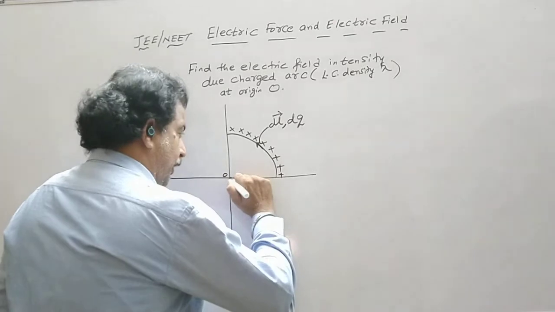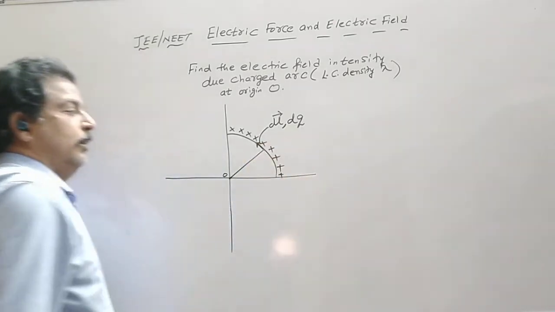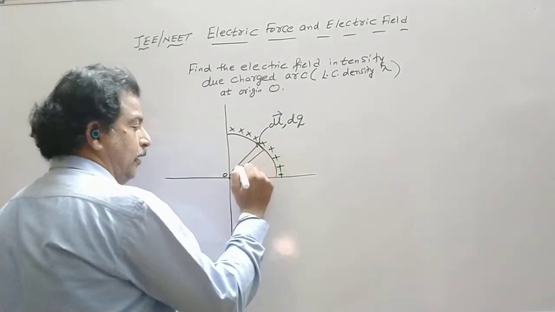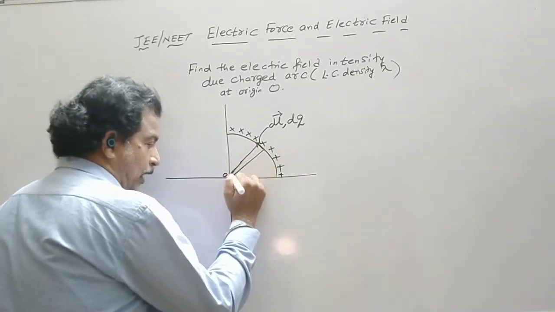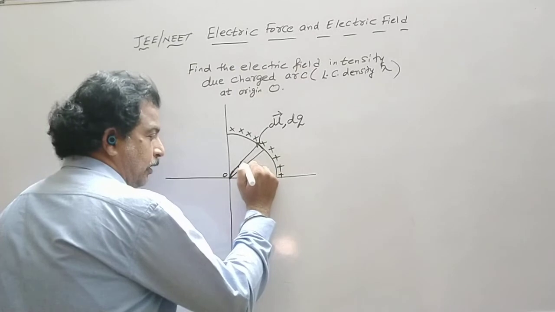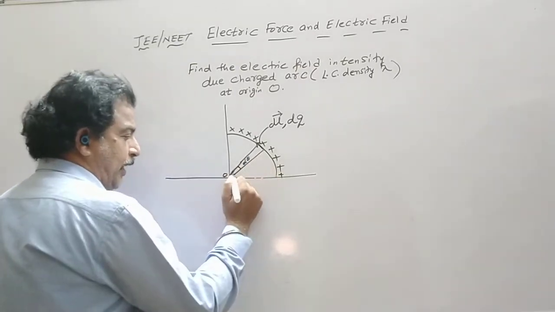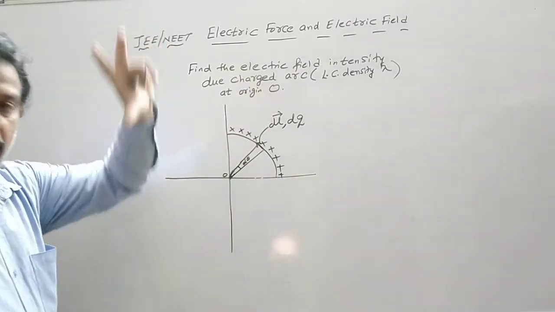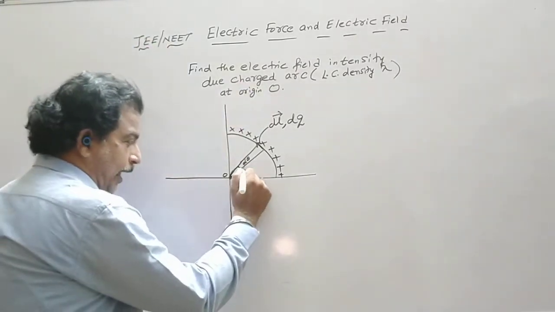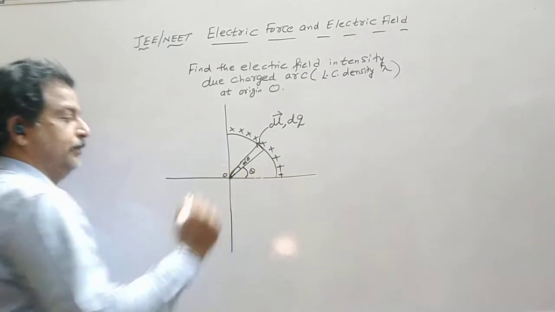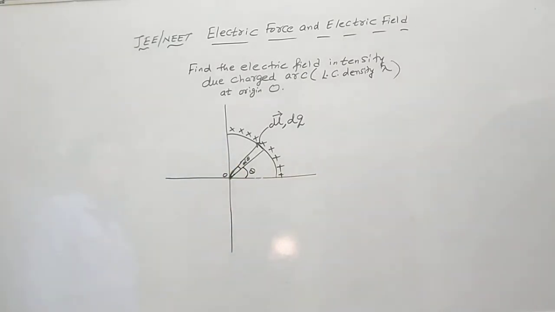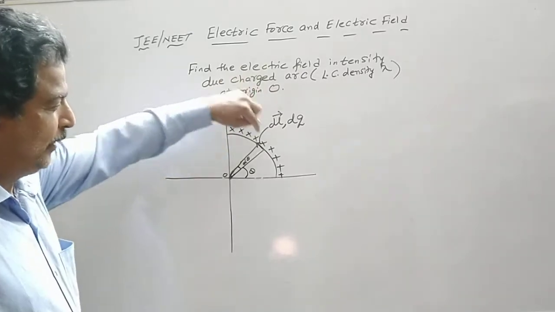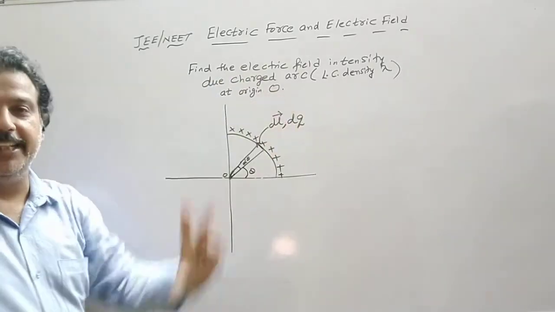Now first I join the tail of the element and then the head. So this angle made is d theta, which is very small because the element is chosen as very small, and the initial angle is theta. Now first we will find out the electric field intensity at the origin due to this charged line element.